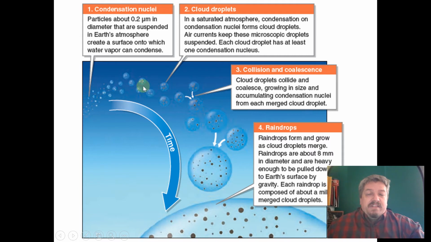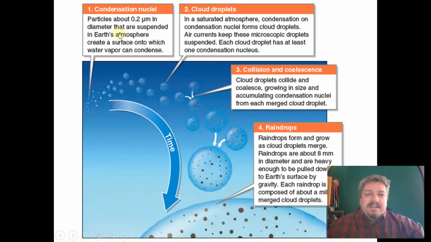Now eventually, if this keeps on happening, if this coalition of water nuclei or coalescing water forms, eventually, when the water droplet grows to be 8 millimeters, which is, you can't even tell, but very tiny, at that point, the weight of the water is enough to overcome gravity, and it begins to sink. So raindrops form when these condensation nuclei become over 8 millimeters. And it's actually formed of millions of merged cloud droplets, and within them tiny microscopic specks of something. So that's how rain occurs.